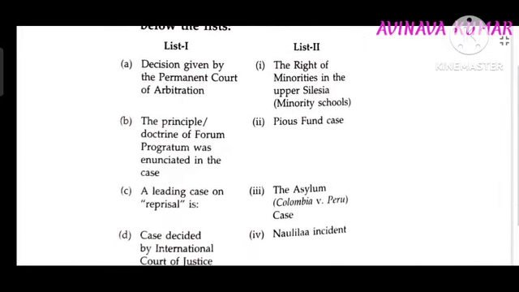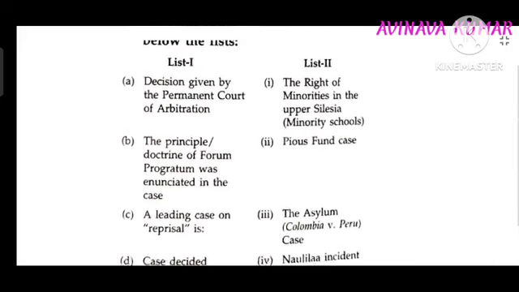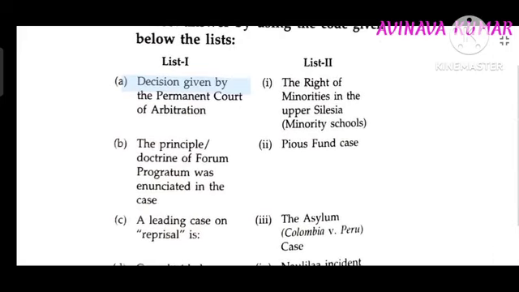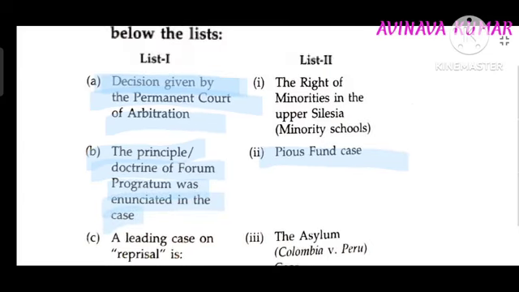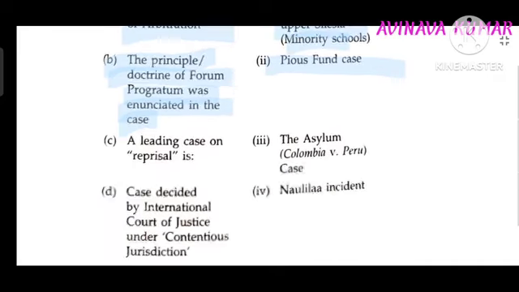Match. Decision given by the Permanent Court of Arbitration: Pious Fund case. The principal doctrine of the form of promulgation was initiated in the case of rights of minorities in Upper Silesia, Minority Schools.